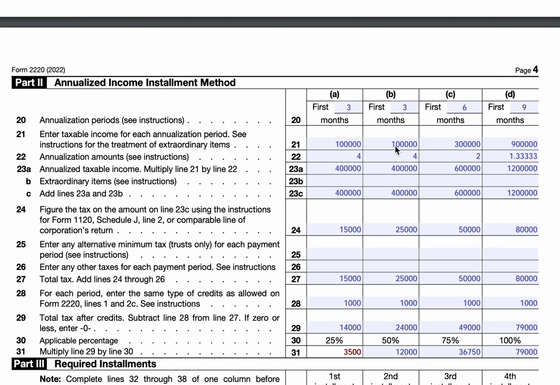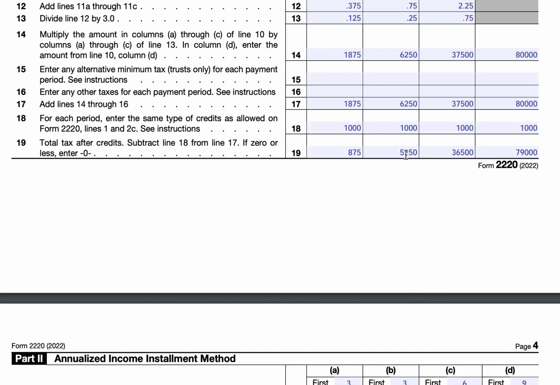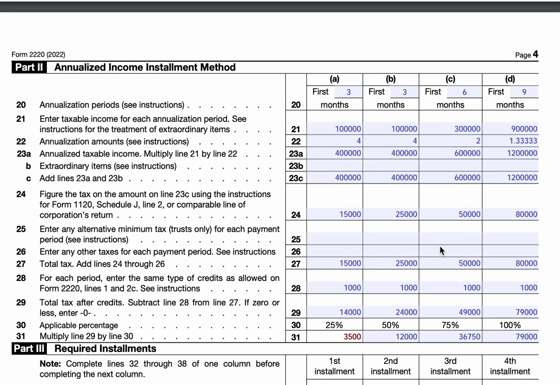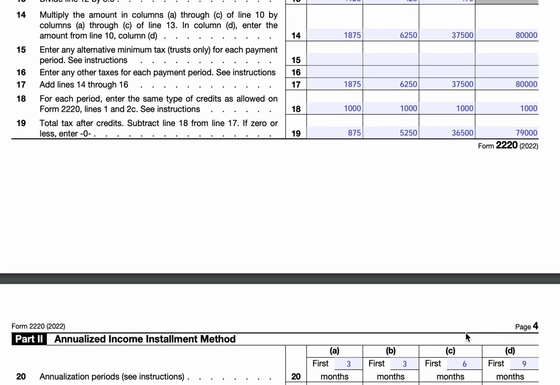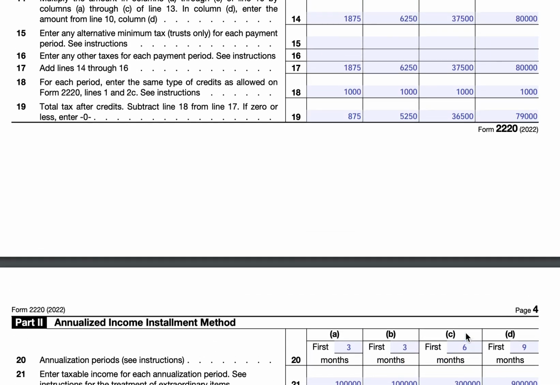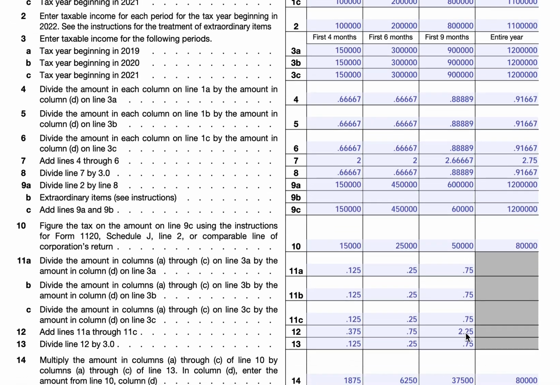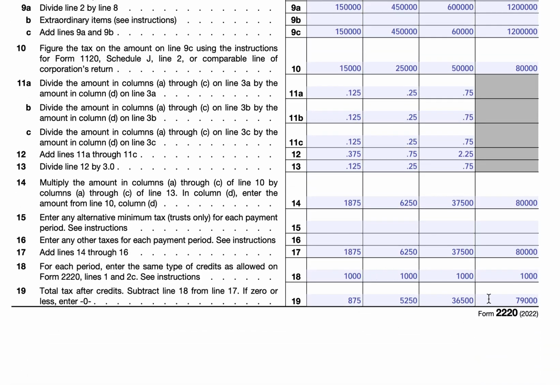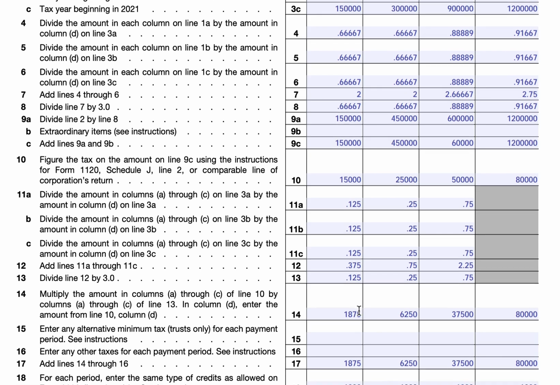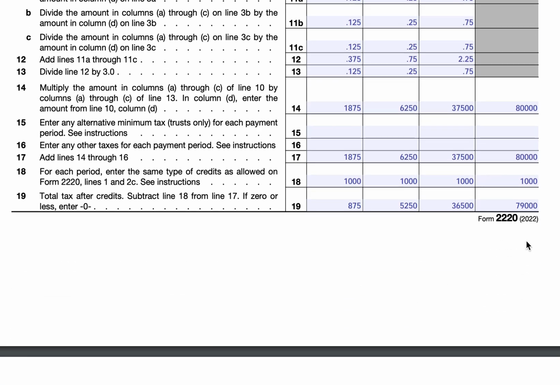We're comparing this 12,000 to the 5,200, so on and so forth. By the time we get to here, basically we're pretty much evened up, but you can see that the adjusted seasonal installment method is preferable to the annualized income installment method. So we're going to use these numbers right here.